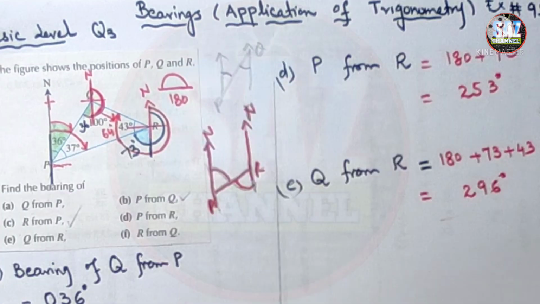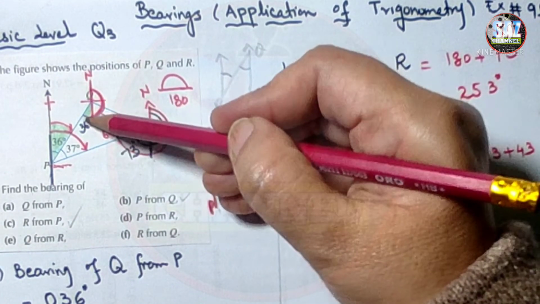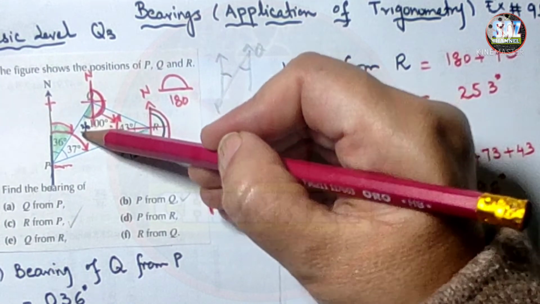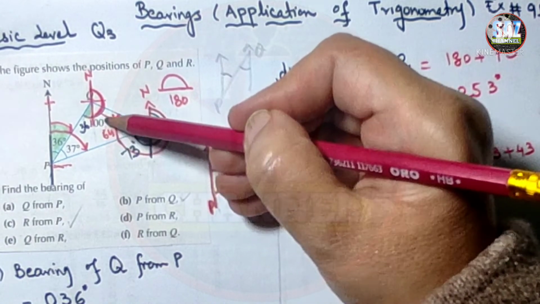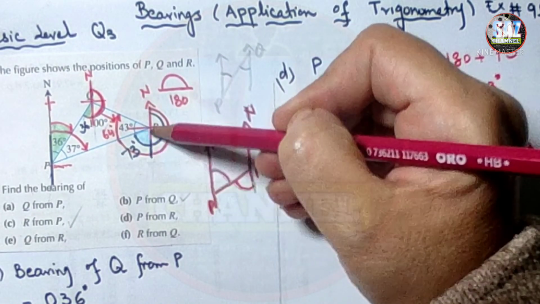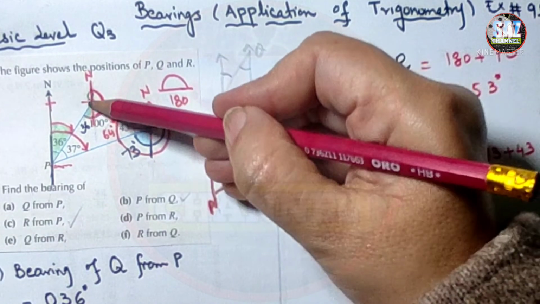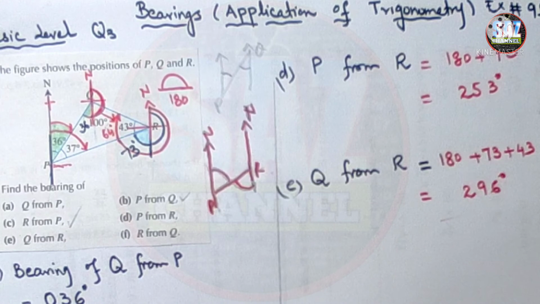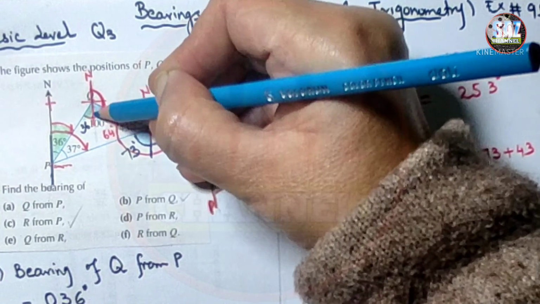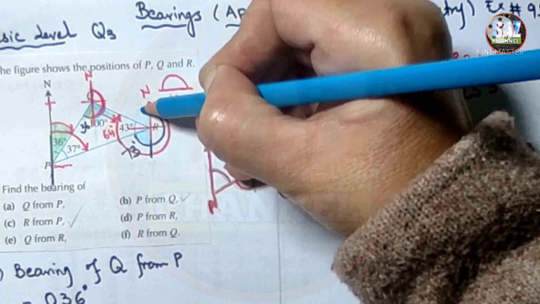The other way is that we said in the previous part that this total angle was of measure 100 degrees, but out of that total angle, this portion is of measure 36 degrees. So this remaining angle is of measure 64 degrees. Now look, this north and this north are parallel to each other, and this is your alternate angle. If this is 64 degrees at this place, this angle will also be 64 degrees.